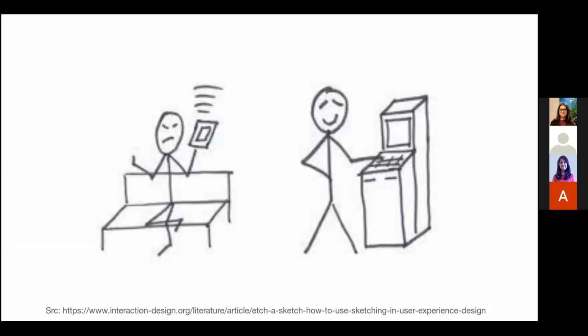So we are using posture variations and facial emotions to communicate a wide range of actions, situations, and perspectives that the users are facing. It's not at all difficult to draw, as you can see, but still it conveys a very good picture of what the user is feeling. Similarly, on the right-hand side, the user is using something like an ATM and seems to be at peace with it. So this is one example of a sketch.